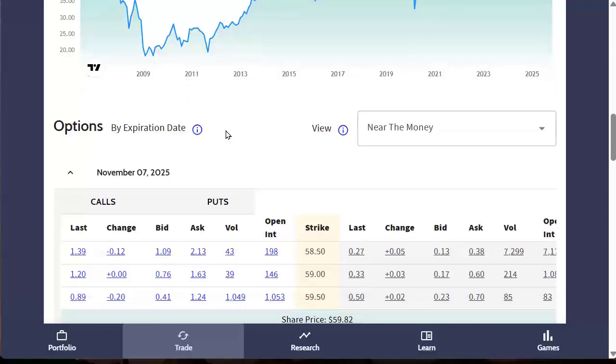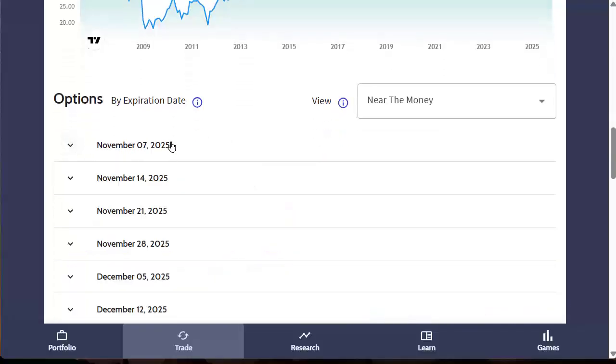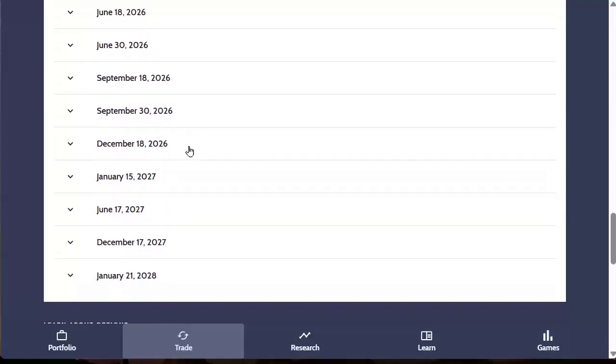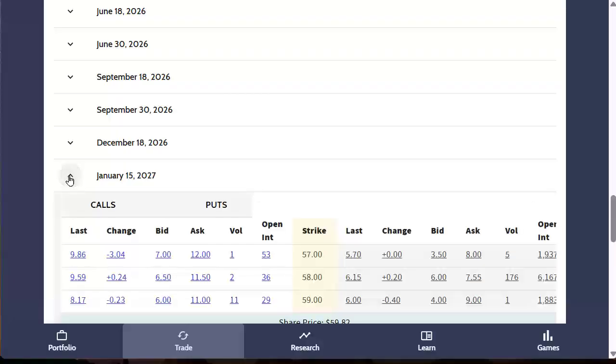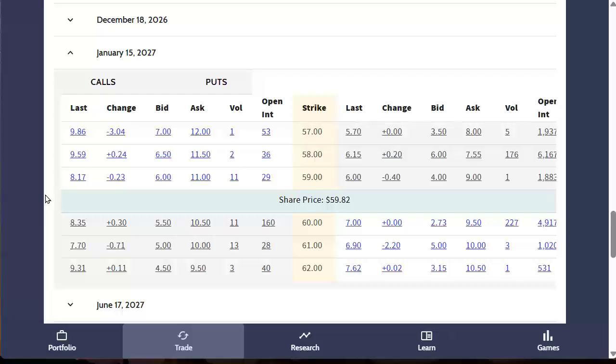So we're going to select a date that's a long time from now. So you can close November the 7th if that's open. We're going to choose January 15th. And again, this is just for watching. This is not investment advice. I do not know that this is going to go up or down. And if you were actually to buy a share in this, you're probably going to lose all the money.